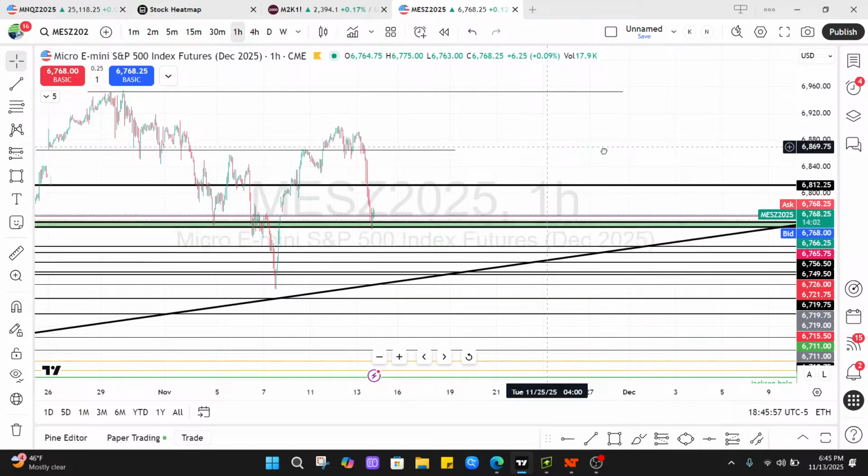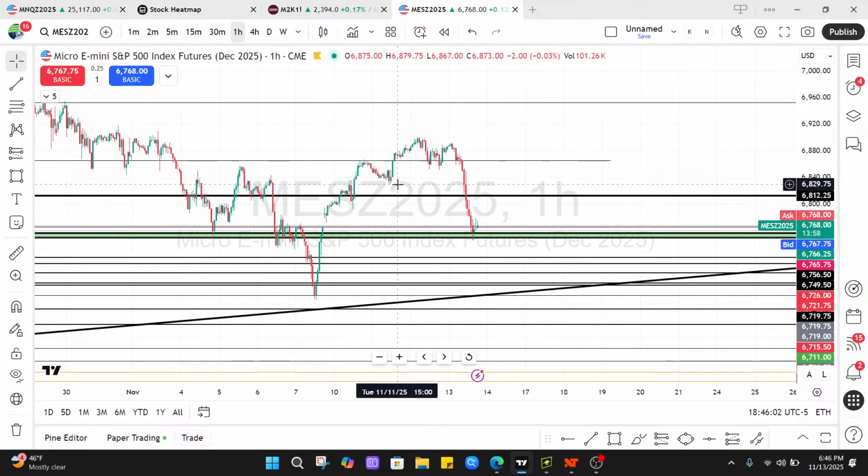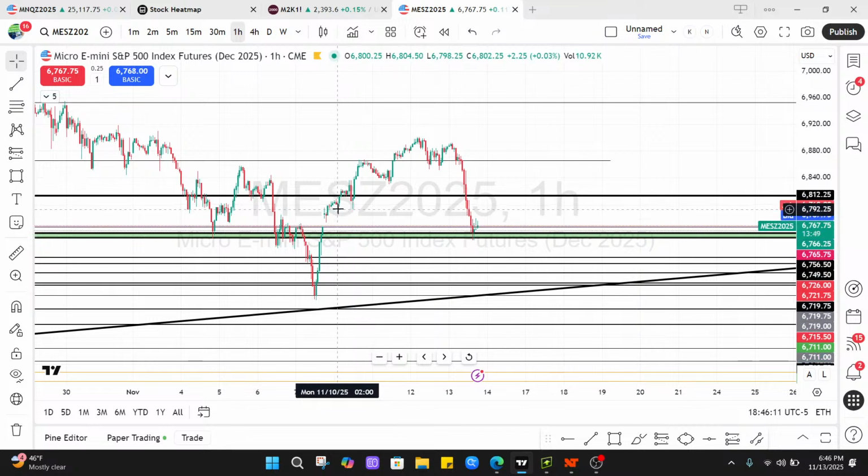As far as the week goes, where's the Monday, Tuesday, and Wednesday? All right, so we got the Monday lows right over here at the 6800s.